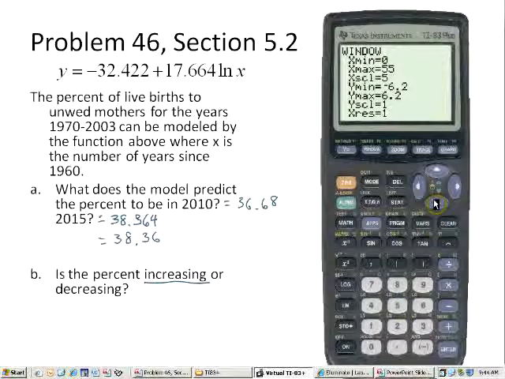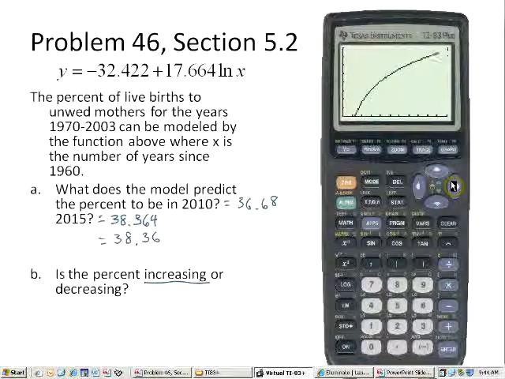Let's make a scale of 5. And since I had values in the 30s in here, we can go from 0 to, say, 40, and use a scale of 5 again here. And if we do this and look at our graph, we can see that this function is increasing. And so our answer for part B is correct.